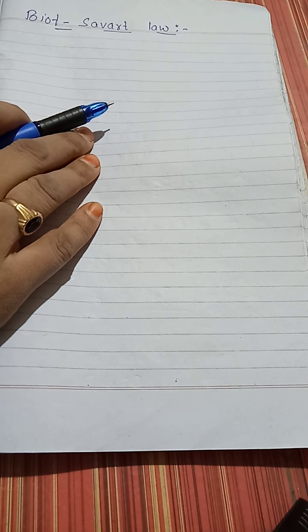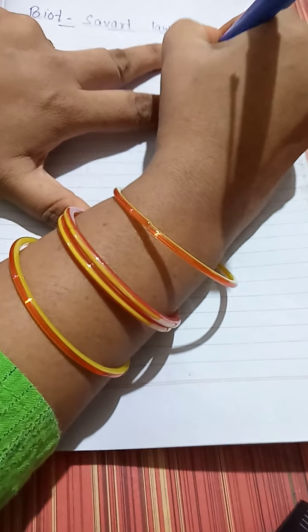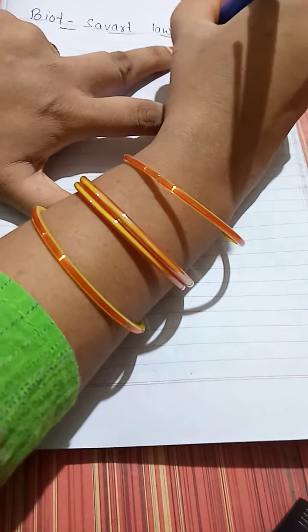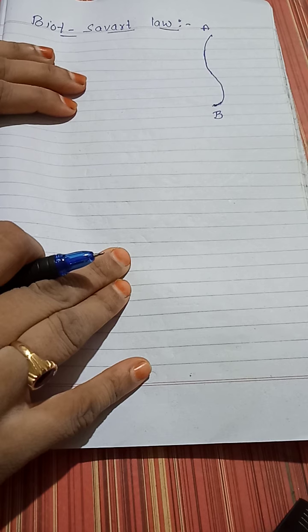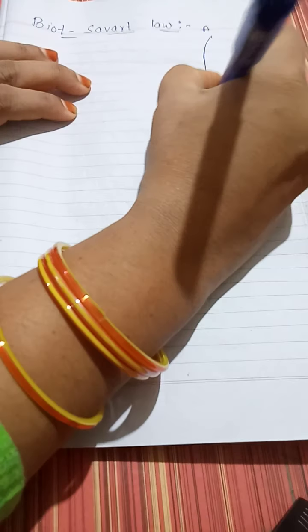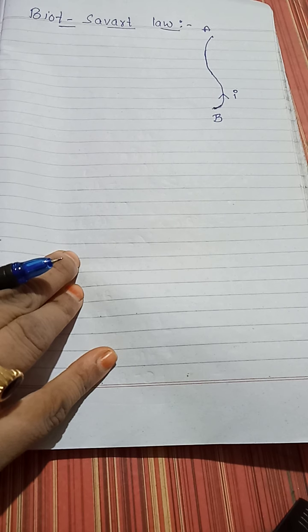For deriving the Biot-Savart law, we will consider a conductor AB of arbitrary shape. Let I be the current flowing in the conductor.